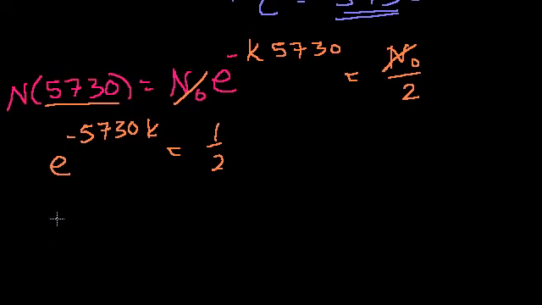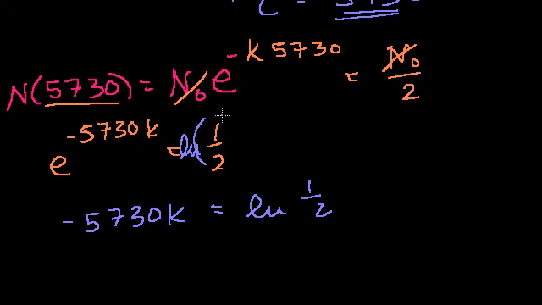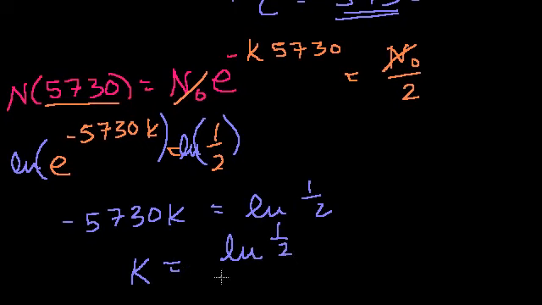So the natural log of this is minus 5,730k is equal to the natural log of 1/2. And so to solve for k, we could just say k is equal to the natural log of 1/2 over minus 5,730.